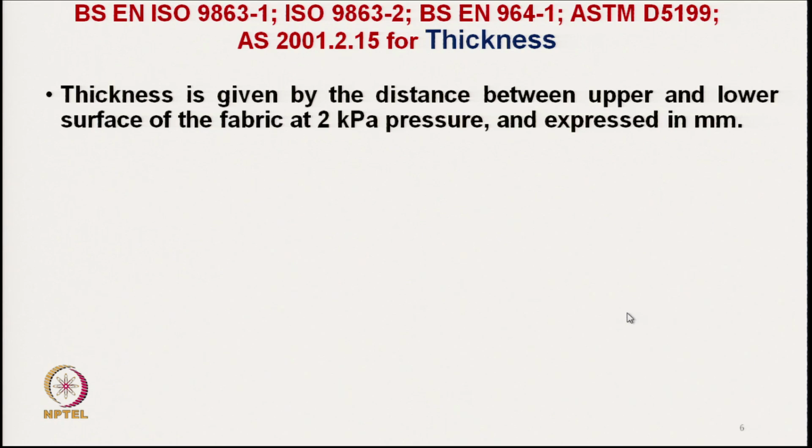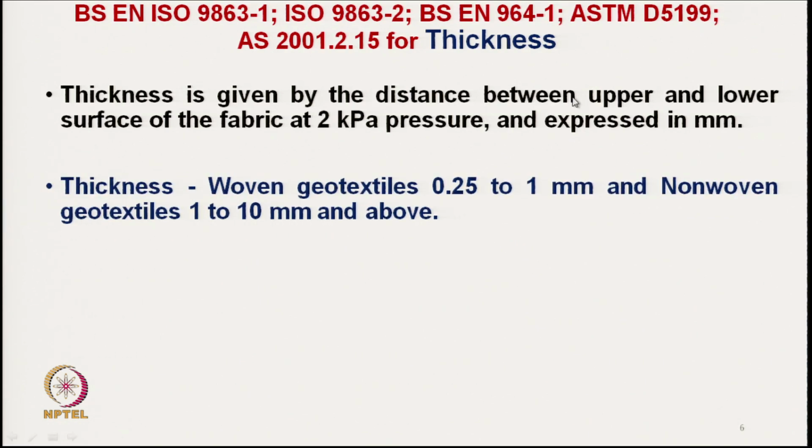Thickness is basically given by the distance between the upper and lower surface of the fabric. For textile material, we take a 2 kPa pressure, because the material is normally compressible. Most of the geotextiles are compressible, so we must specify the pressure. If we see the range of thickness, the woven or heat bonded nonwovens are thinner.